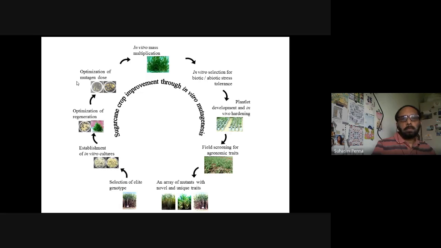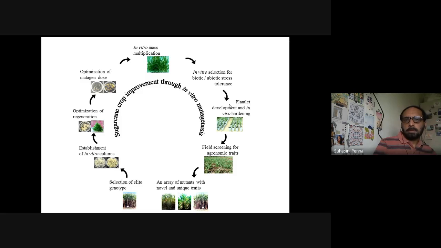Then one needs to optimize mutagen dose. Then, if the regeneration is taking place, you have to see that you get very good mass multiplication. Then, either at the callus level or regeneration level, you need to exercise in vitro selection for biotic or abiotic stress.